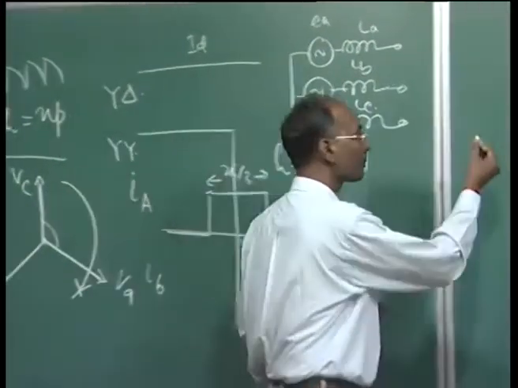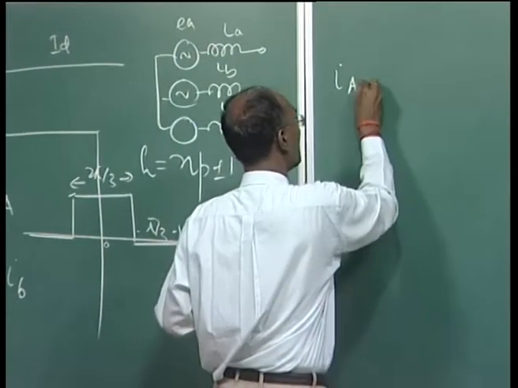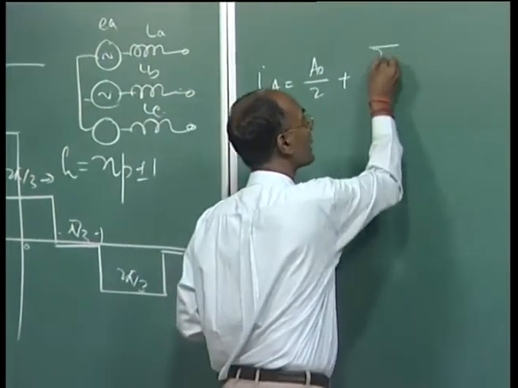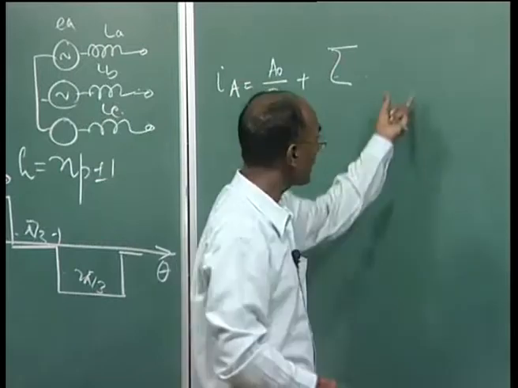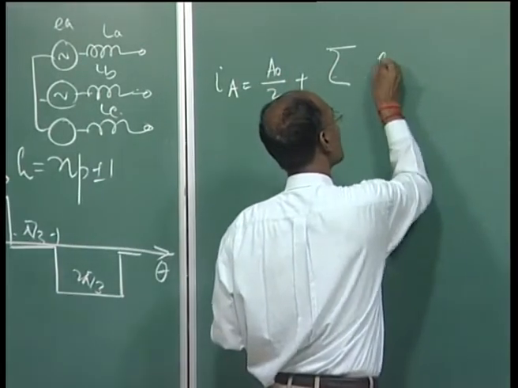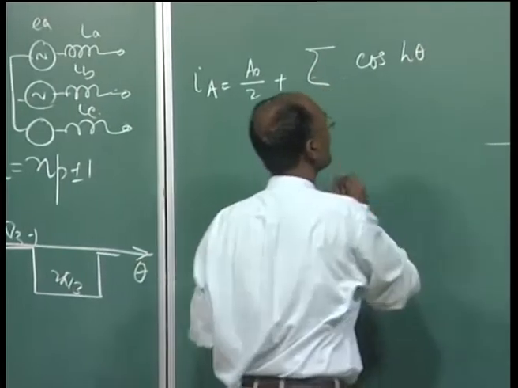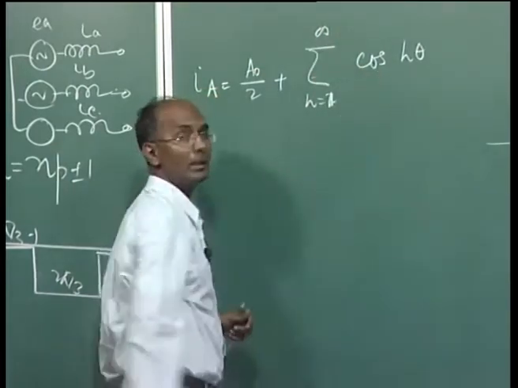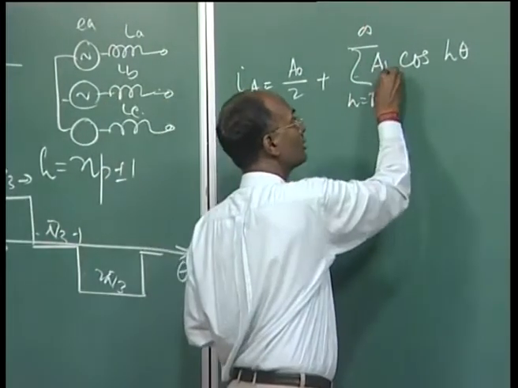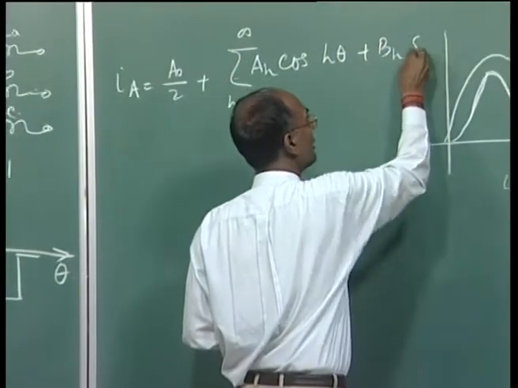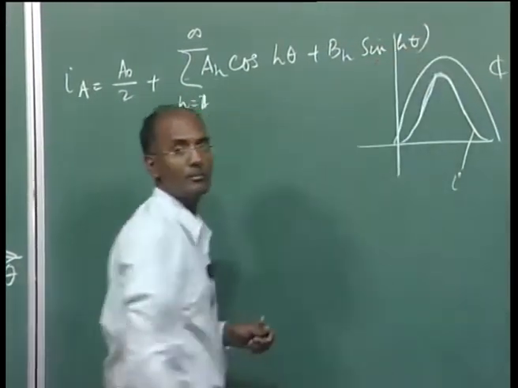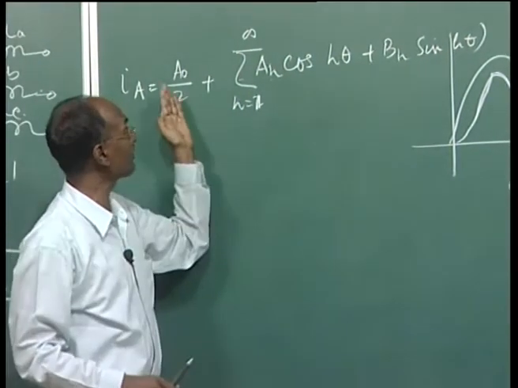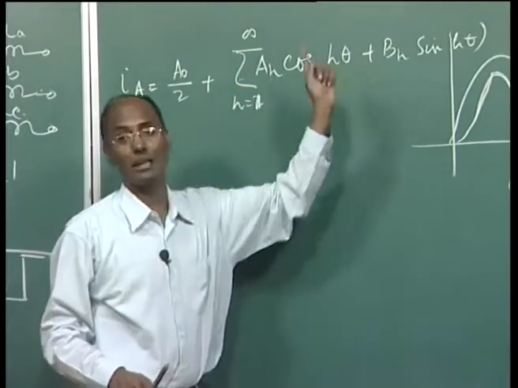So if I write Ia here, there will be some component a0 by 2, plus the sine and cosine components: the sum of ah cos h theta, with h equal to 1 to infinity. Similarly, we also get bh sin h theta. So basically you can see that it is multiplied h times. Whatever the phase shift is for the fundamental component, it is h times that.